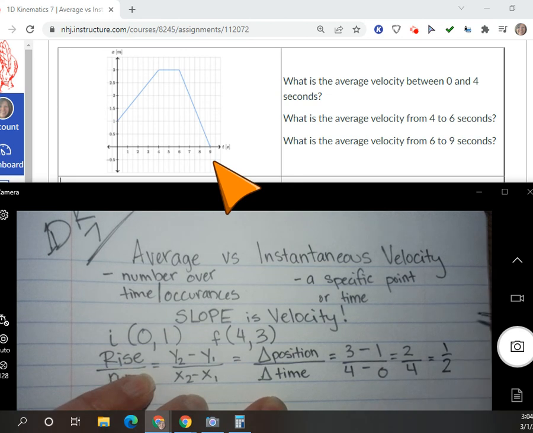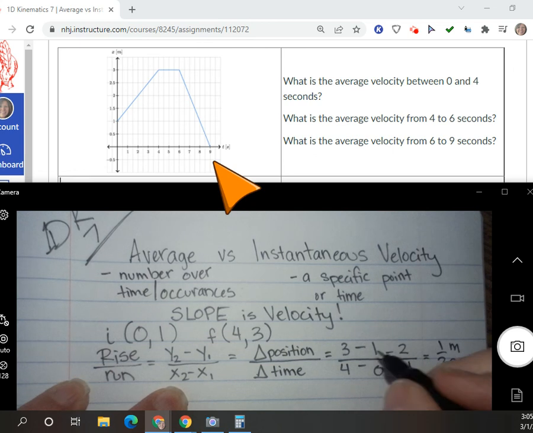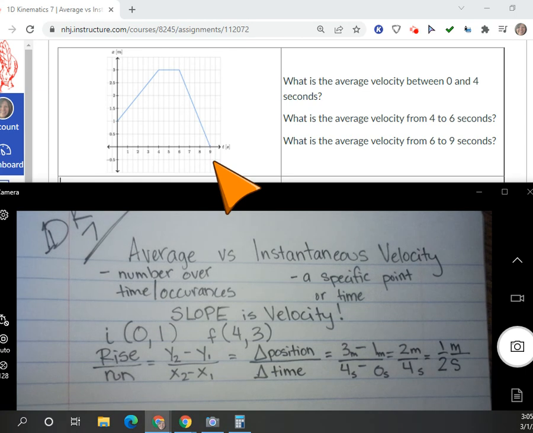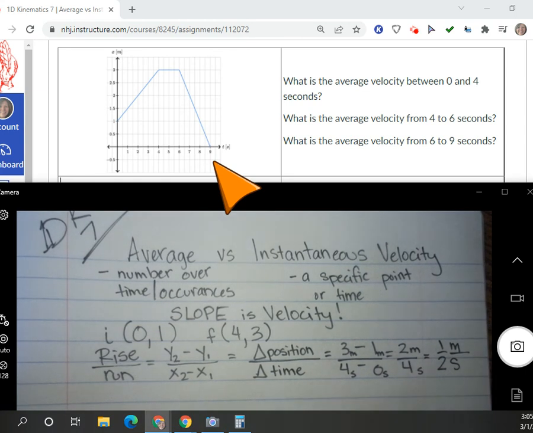So it's 1/2 meters per second. If we wanted to be super official, we would have had our units on our numbers from the graph already, and we would say meters per second. So we want to make sure that we have a good unit. The average velocity between 0 and 4 seconds on this graph is 1/2 meters per second.